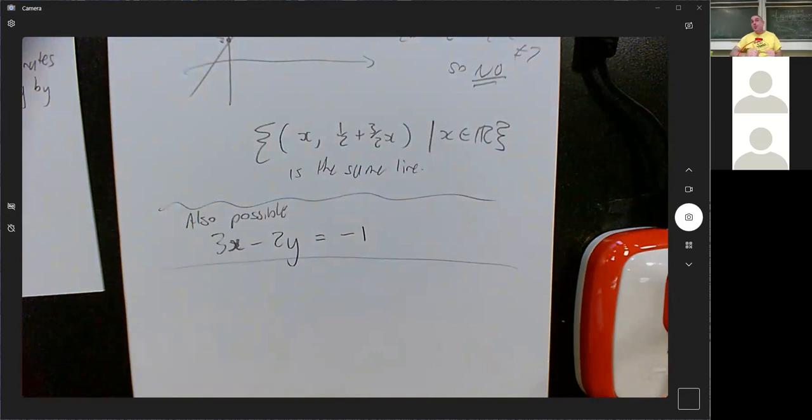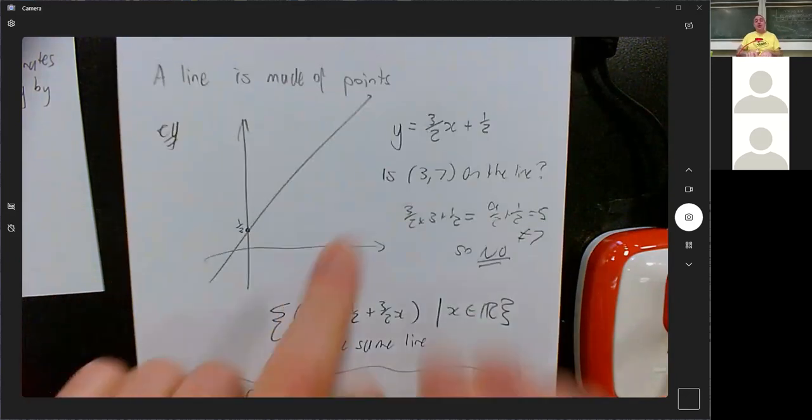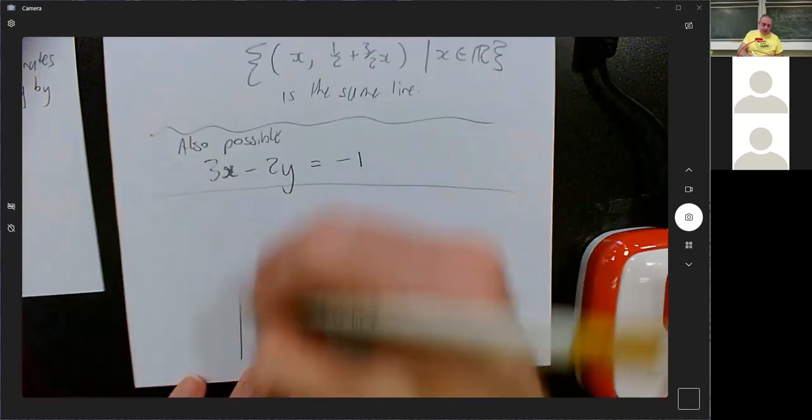Now, from a vector point of view, I'm just going to draw it again.